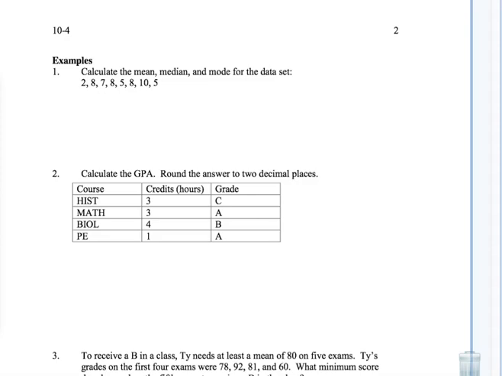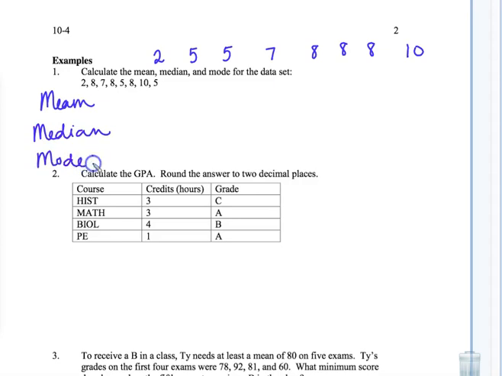And so my smallest number here is a 2, and then I have a 5, and then I have another 5, then I have a 7, an 8, another 8, and finally a 10. All right, so I'm going to calculate the mean, the median, and the mode for this set of data.